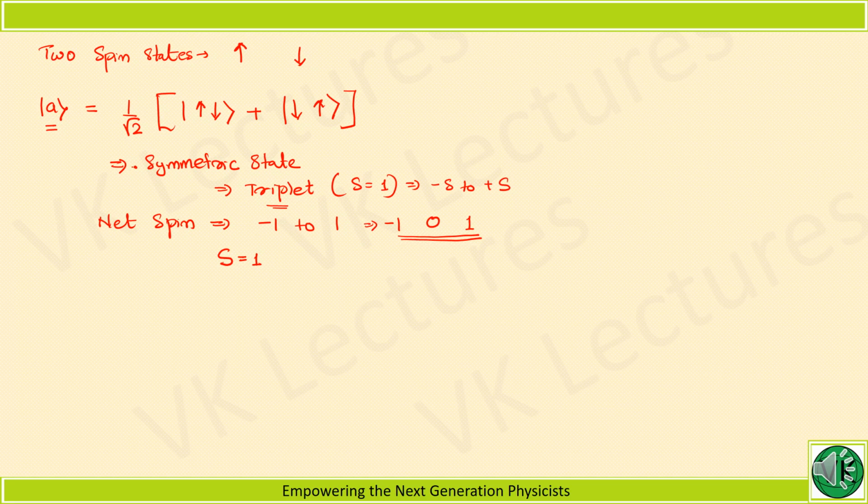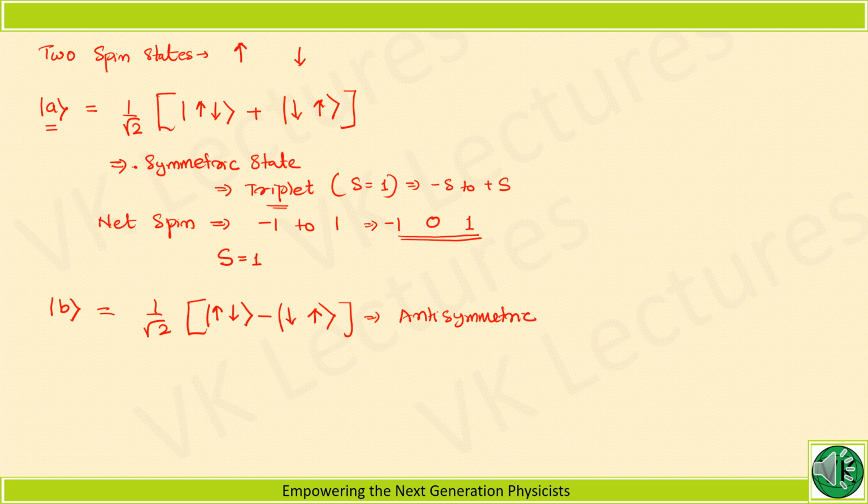Now come back to the state B. B is written as 1 by root 2 and it is a combination of both up down minus down up. Now this is antisymmetric. Why an antisymmetric state?